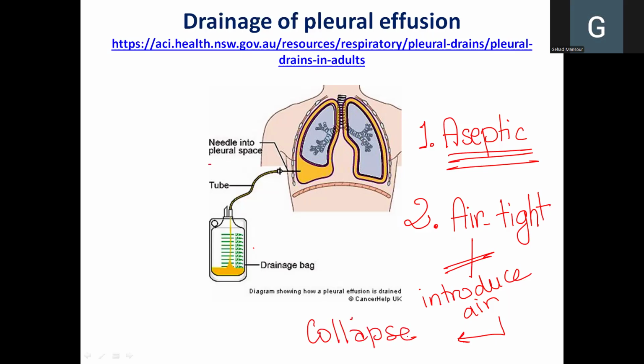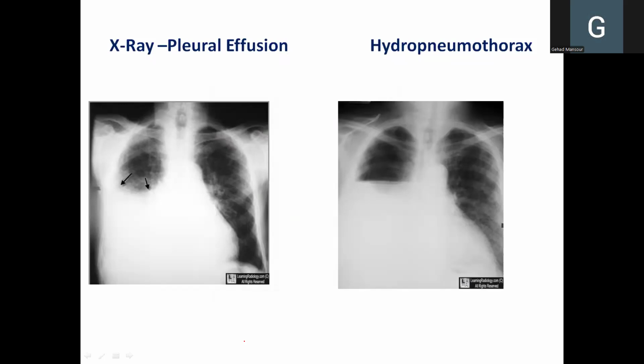If you introduce air inside the pleural space and you compress the lungs, this is what we call pneumothorax. Pneumo means air, thorax. This is a condition we will be studying, inshallah, next week. So it should be completely aseptic and airtight in order to avoid introduction of air, collapse of the lungs, and pneumothorax.